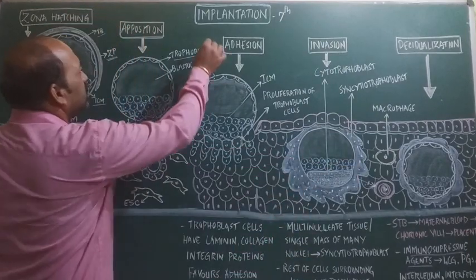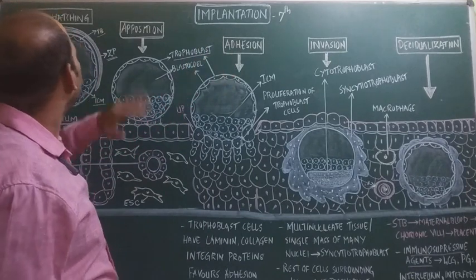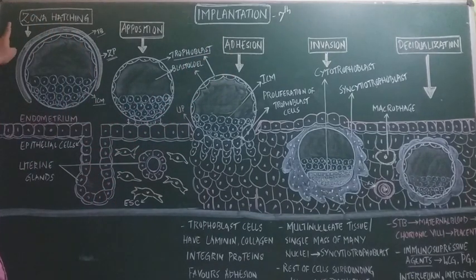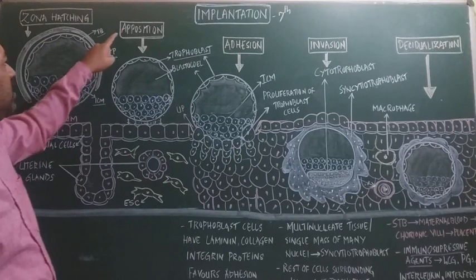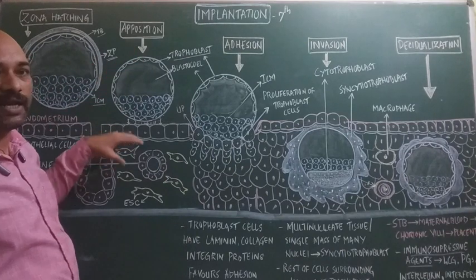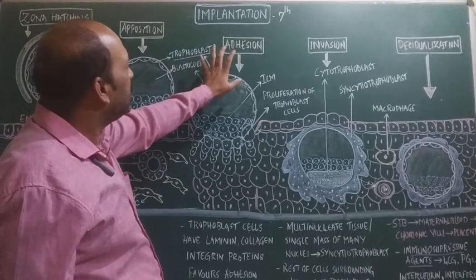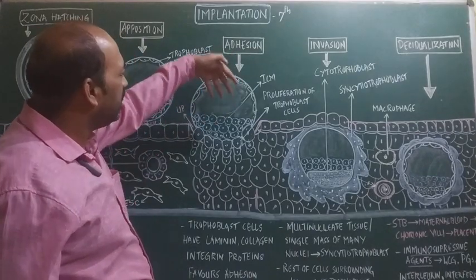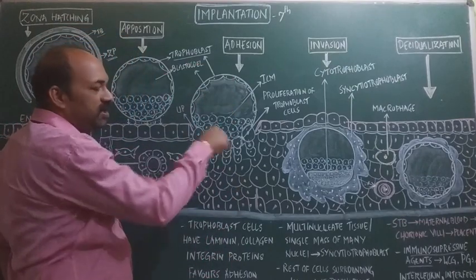Okay, so that is the process of implantation which occurs during the 7th day. And what are the stages? The stages involved in implantation are zona hatching, that is removal or breakdown of the zona pellucida. Apposition, a loose contact between the blastocyst and the endometrium. Third is adhesion, a much stronger binding of the blastocyst to the endometrium.